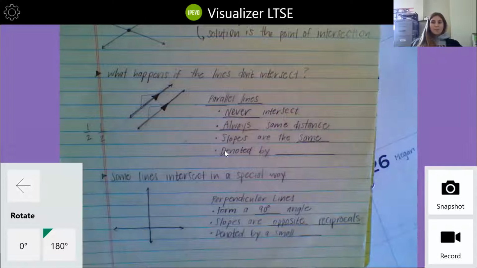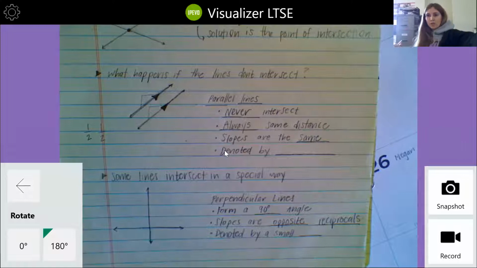So opposite meaning opposite signs, so one would be positive and one would be negative. And then reciprocal is a similar term to the multiplicative inverse, okay?